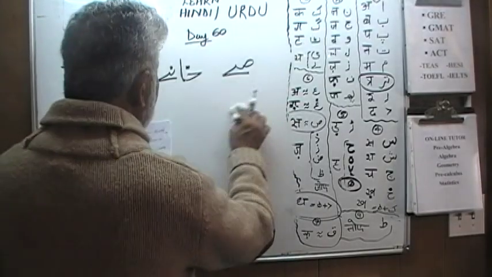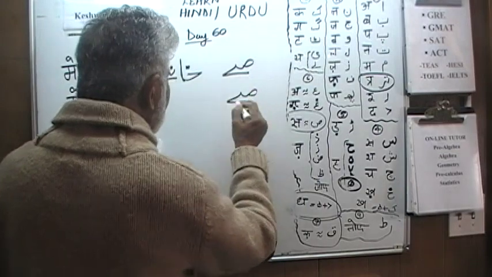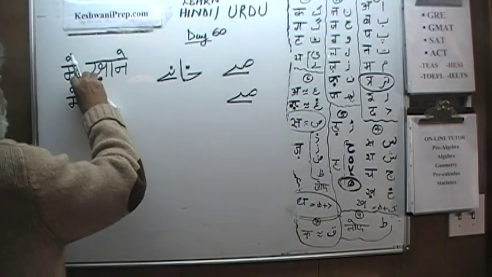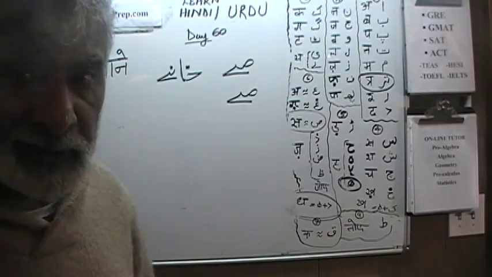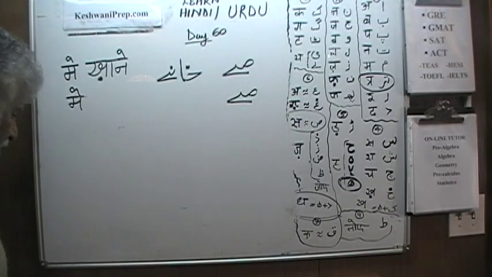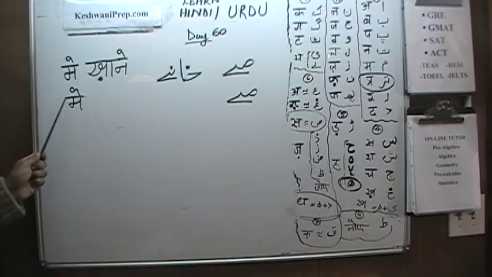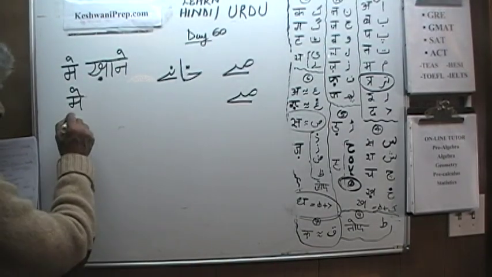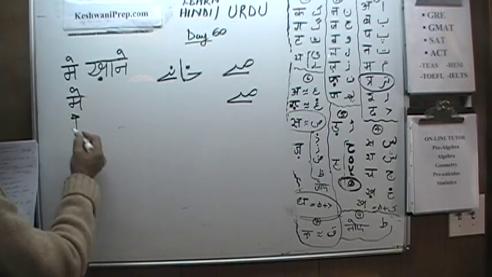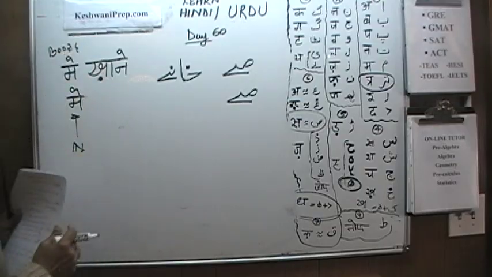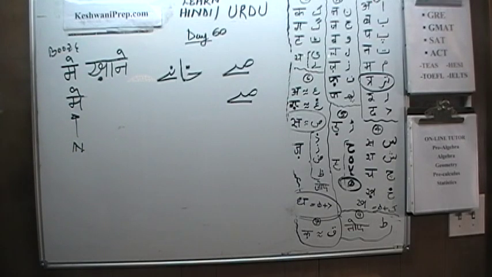We still need a me here, simple me. It's not me as in I, it's me as in inside. When you say kamre me jaye, that me is simply this me with choti ek ki matra. So you have to understand the difference between this me and this me from the context. This means in, and that means liquor, booze, alcohol. Mekhane me.